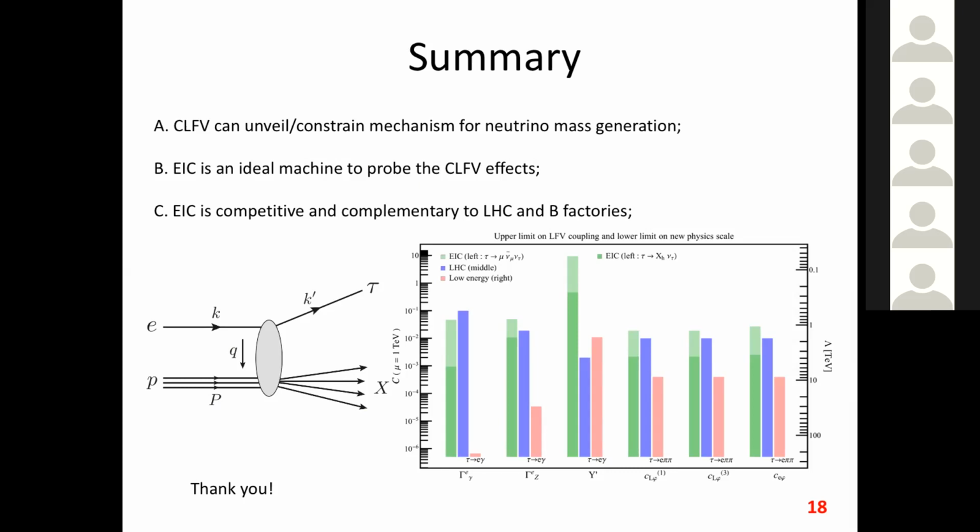And for the EIC, because this is a typical DIS process, the EIC is a good machine to probe these charged lepton flavor violation effects. Based on the sample analysis, we found the EIC is competitive compared to the LHC and also the B factories. So if you want to give a global constraint for these charged lepton flavor violation operators, we also should include the EIC limit.